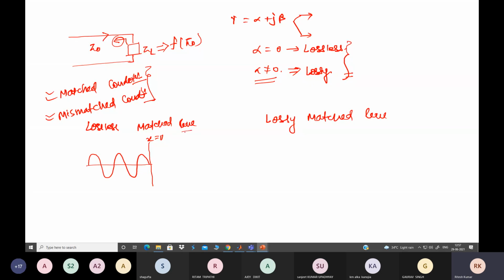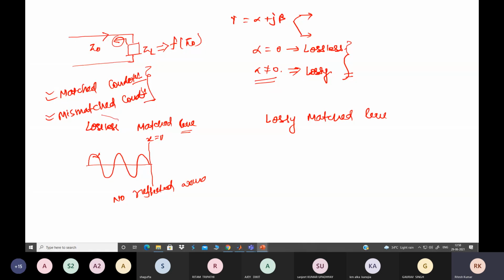and when it is matched one, so what will happen? There is no reflected wave. We can observe here, no reflected wave in this situation. Only these are what? Incident wave to the load. Now in case of lossless, see carefully one thing, that the maximum magnitude of this wave has been maintained constant.